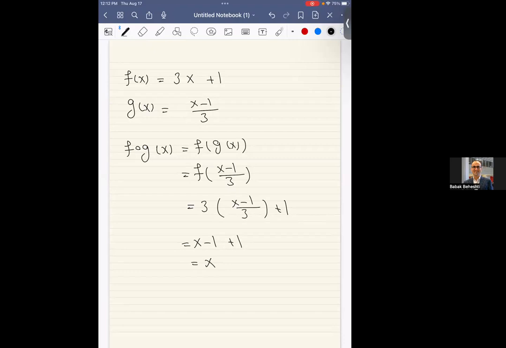So you see that FOG of x is equal to x. GOF, if you also try, you will see GOF would also be equal to x. So if you compose a function with its inverse, you get x.